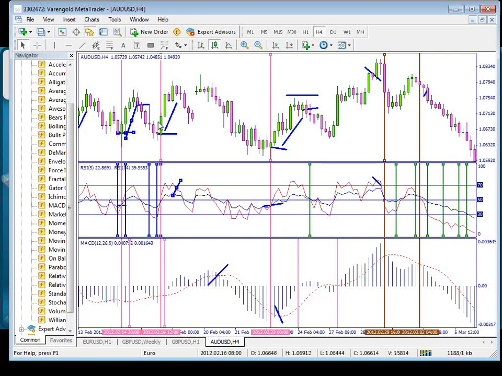Those are, let's say, 1.3 for euro, level 1 for Aussie dollar, 100, or 1.1 for Aussie dollar.